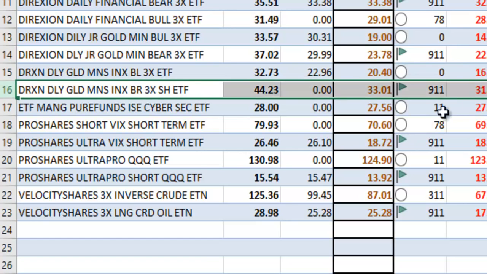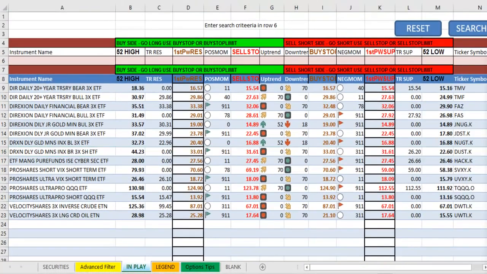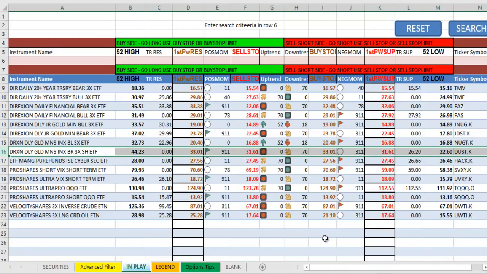Likewise, you had a 911 alert in DUST, and it was letting you know that there is a strong likelihood of a rally in this particular stock. And so it was alerting you to that fact. Had you been paying attention, you might have been able to catch that move.